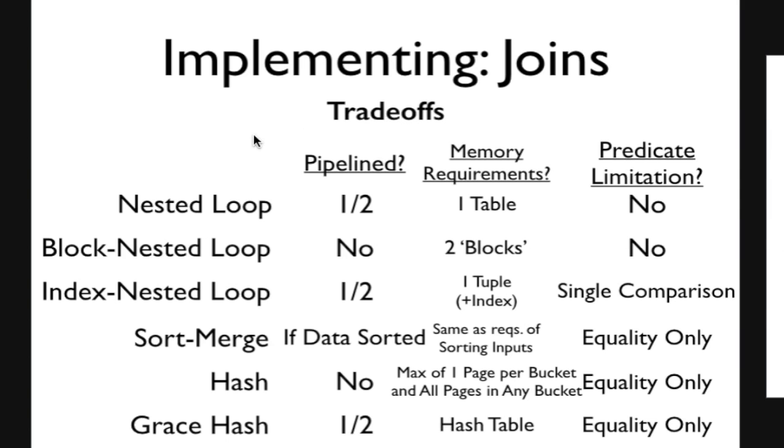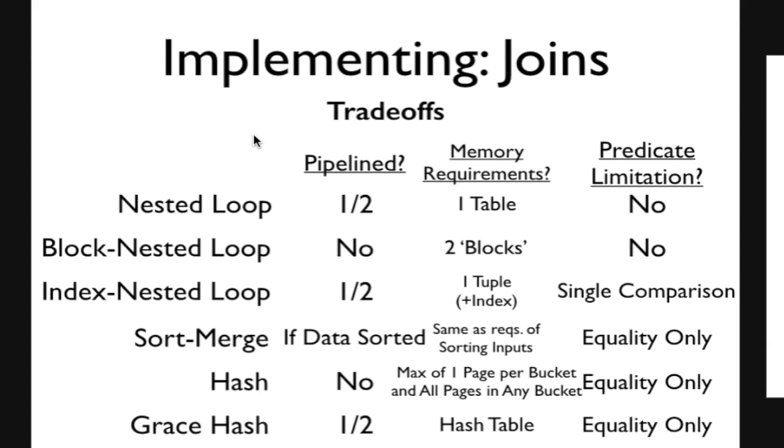So I made this handy dandy table for you. Basically, there's a whole bunch of trade-offs. The pipeline column basically says, do I need to see any tuple more than once? And there are basically three different versions of this. Either I need to see tuples more than once, in which case it's not pipelined.